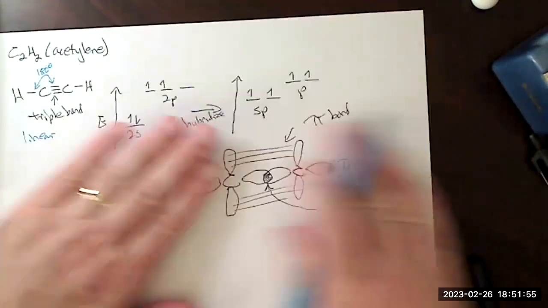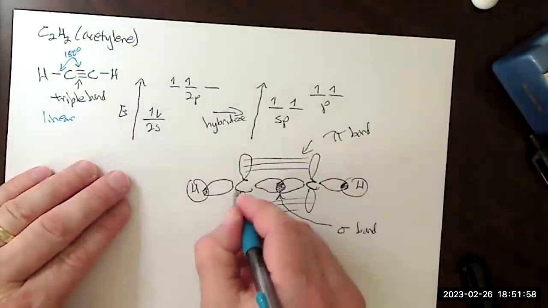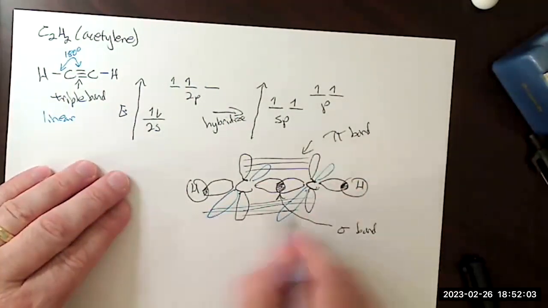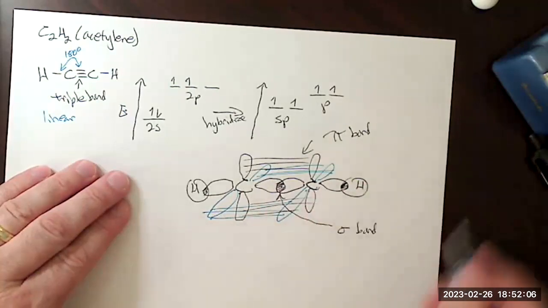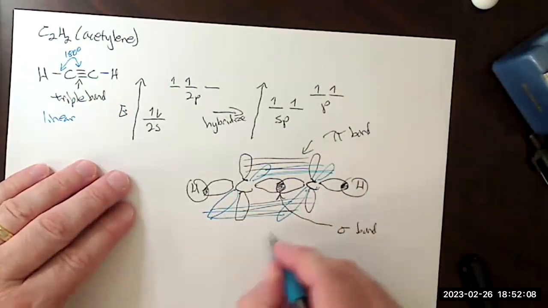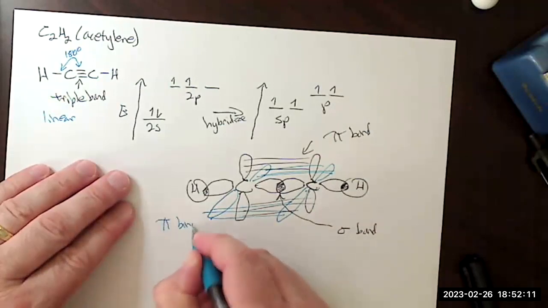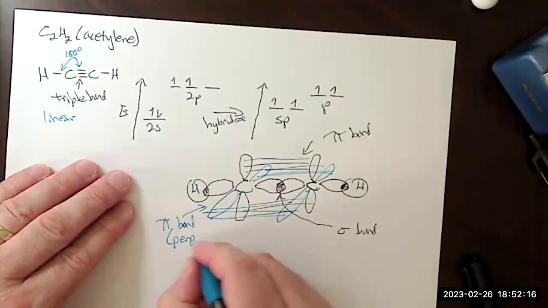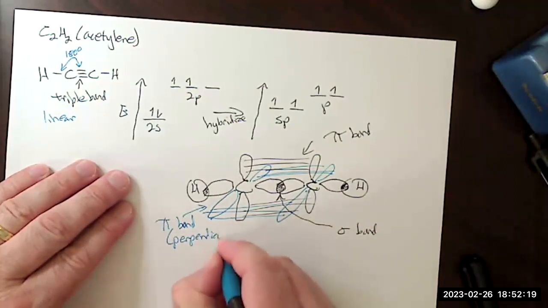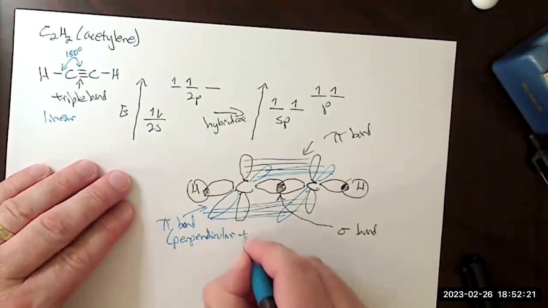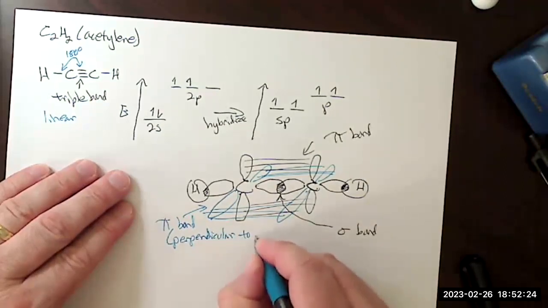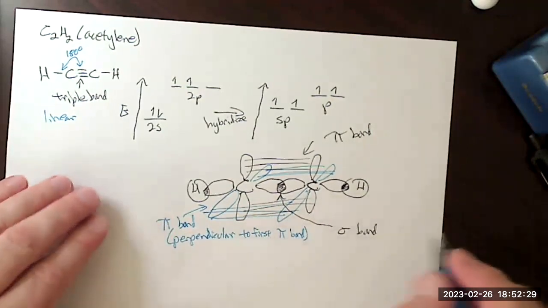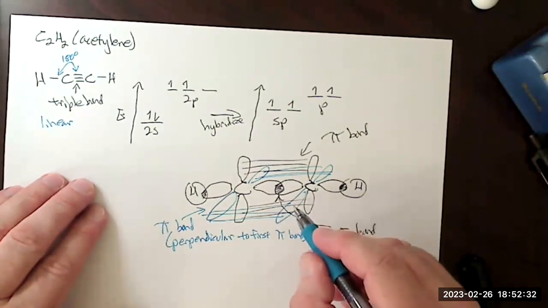And then this is all flat in the plane here. Then coming out and going behind the plane of the paper, we have another pi bond, which is perpendicular to the first pi bond.